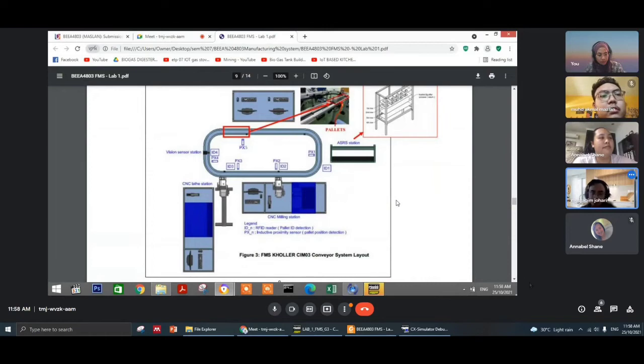Then when the robot has put the material on the jig at PX3, it will trigger the system and turn off stopper 3, and the jig will continue to the vision sensor station, right? For quality check.